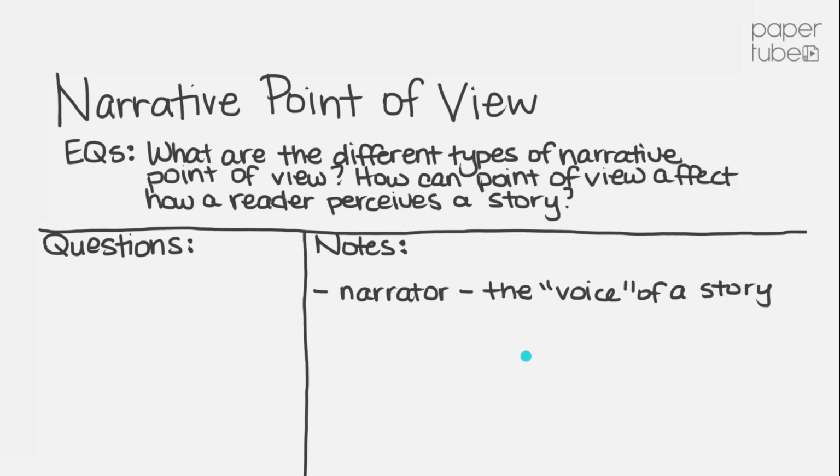The first one we're going to look at is called first person point of view. So if you're playing video games, like a first-person shooter game or some RPG games, you can make it so the camera is looking out of your character's eyes, right?